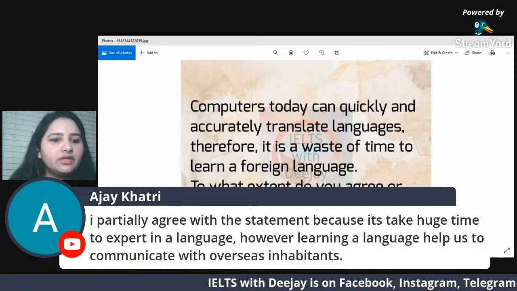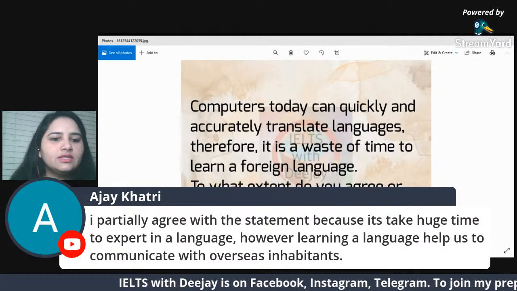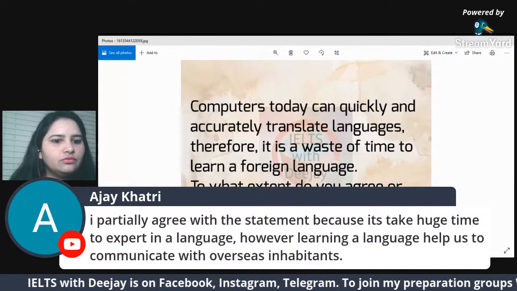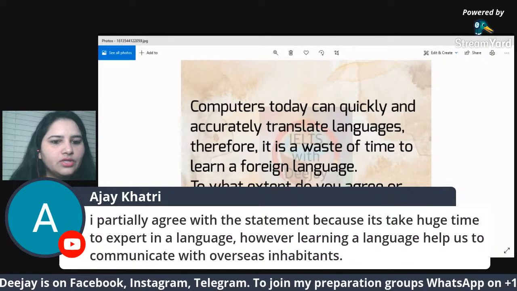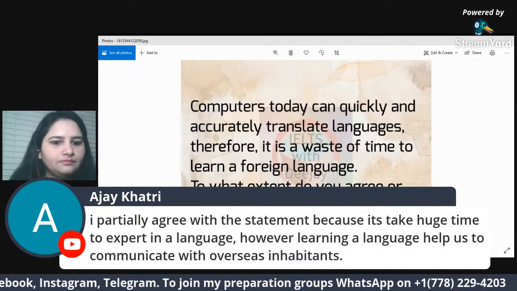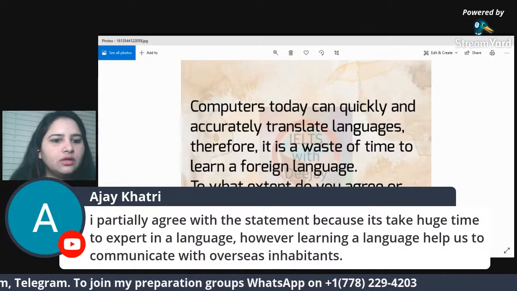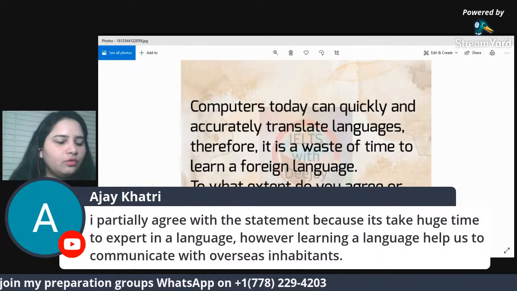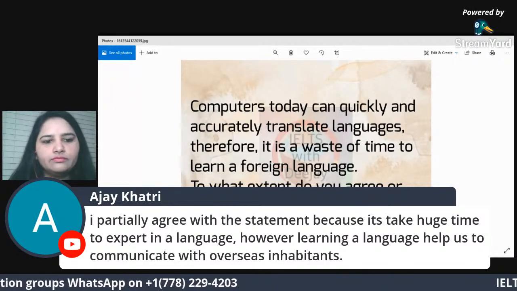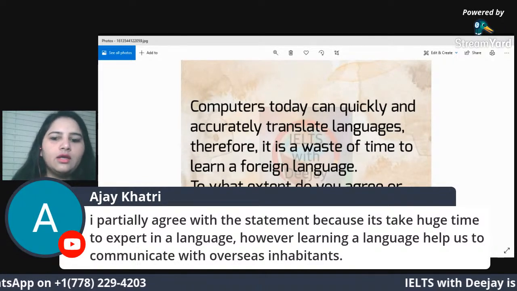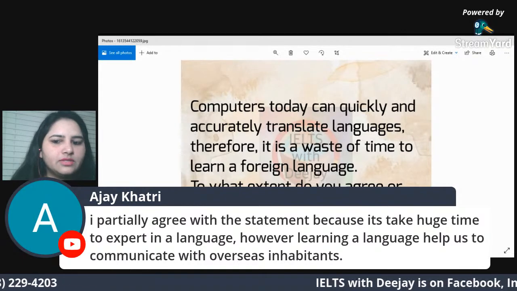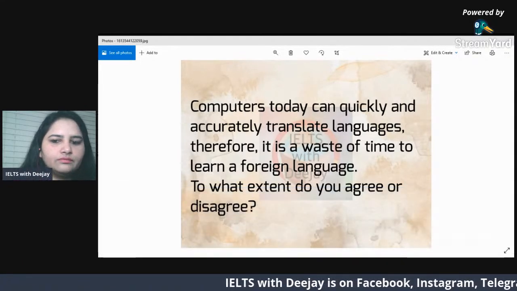I partially agree with the given statement because it takes huge time to get expertise in a language. However, learning a language helps us to communicate with overseas inhabitants. Just the grammatical mistakes are there. Try not to make them.